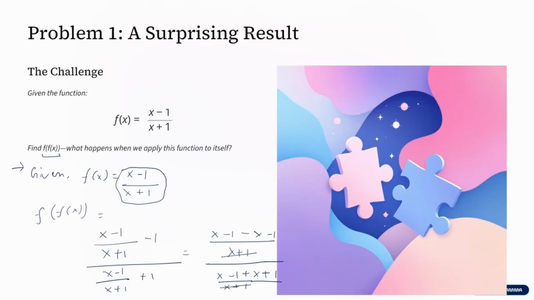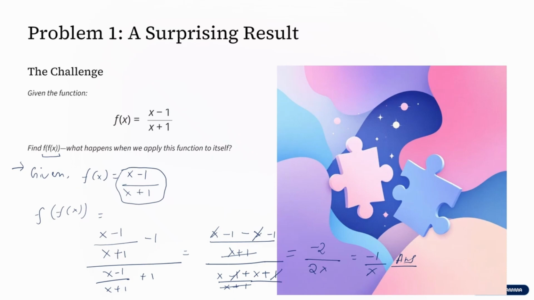In the numerator you can cancel the x and minus x, and here you cancel 1 and minus 1. So the value that comes is minus 2 divided by 2x, which can be written as minus 1 by x. So this is the answer, and this is how we can solve this problem.